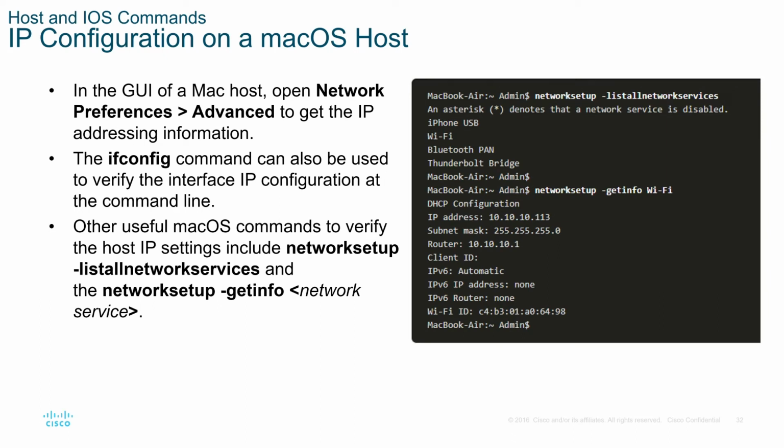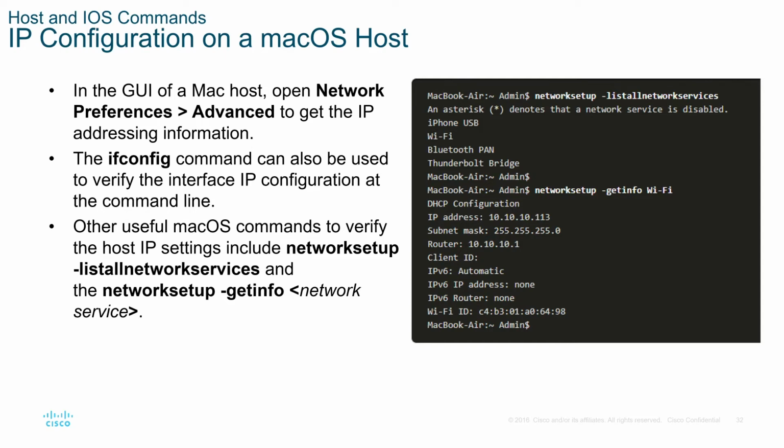In the GUI of a Mac host, open network preferences and go to advanced to get the IP addressing information. The ifconfig command can also be used to verify the interface IP configuration at the command line, the same as a Linux system.